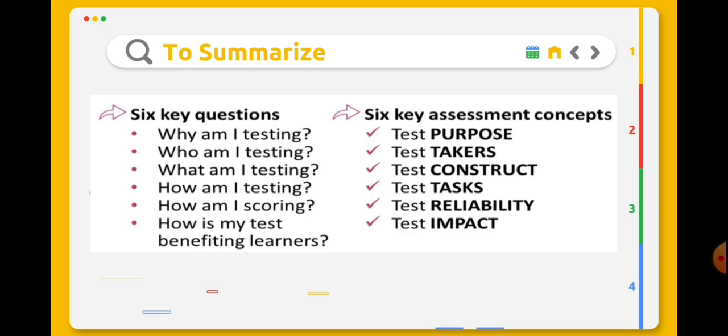The second assessment situation: the role of the test task is in influencing what tasks the teacher will use in the classroom.